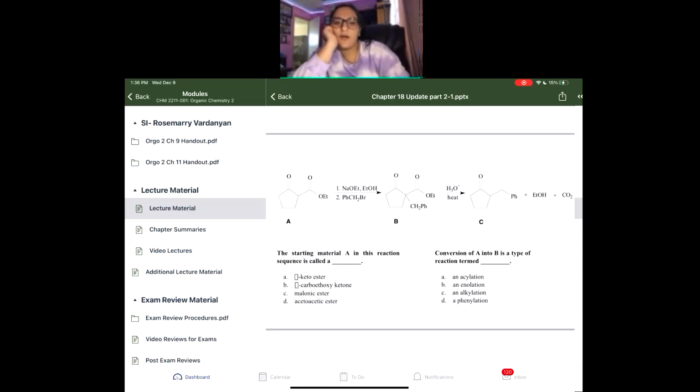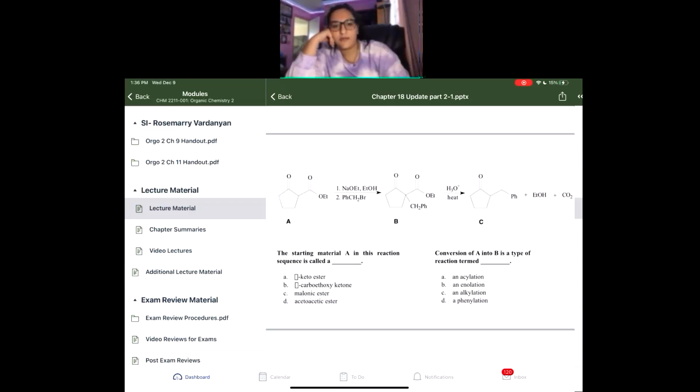So we are starting with a beta keto ester. We're doing an alkylation followed by a nucleophilic substitution, right? And then we are going to have a decarboxylation happening. So this will be called a what?